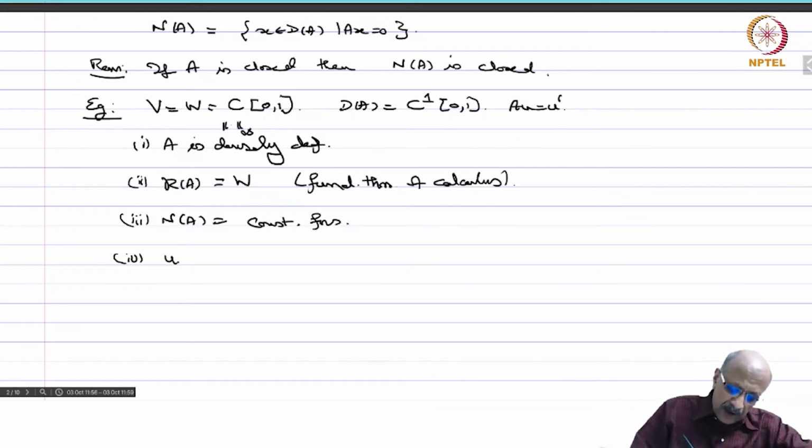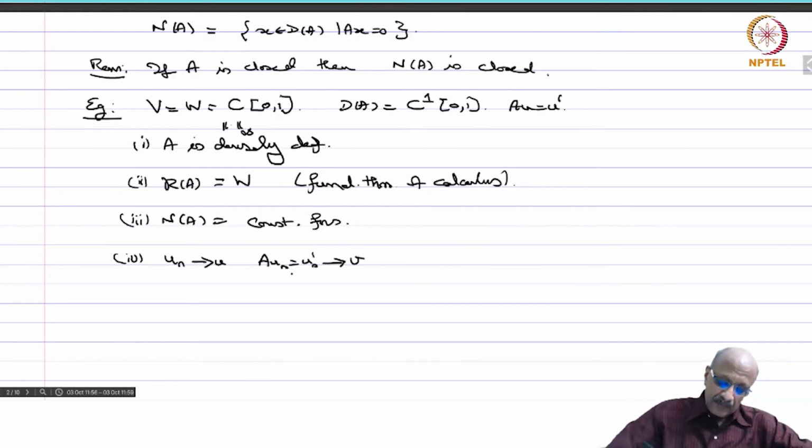Therefore, if u_n converges to u and Au_n, which is u_n dash, converges to v, then we know that u_n converges to u uniformly and u_n dash converges uniformly. Then we know from the real analysis course on uniform convergence that u belongs to C1 and u dash equals v.